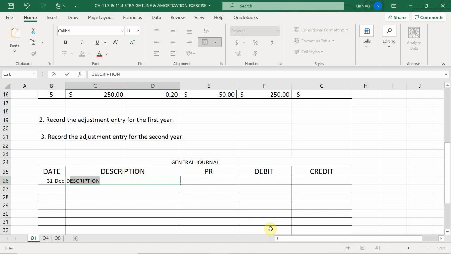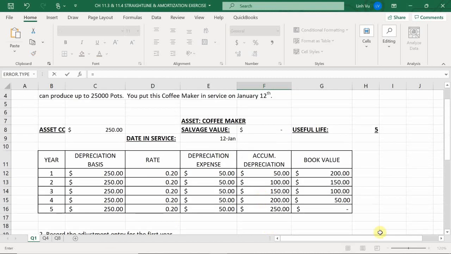Depreciation expense on the debit side and accumulated depreciation on the credit side. Good. For a total of 50.